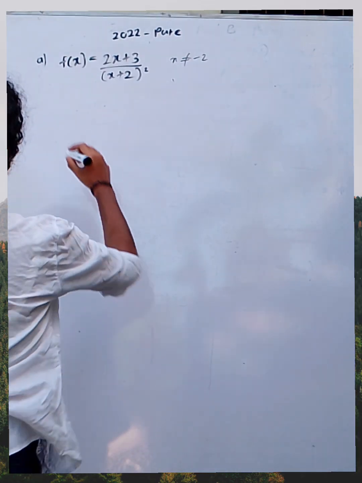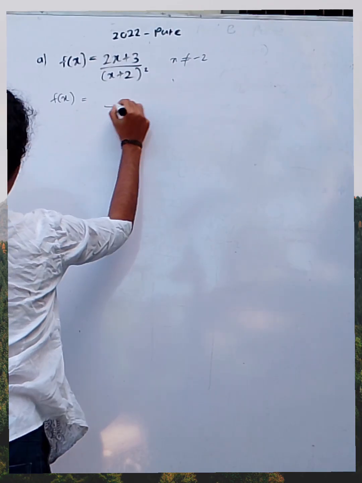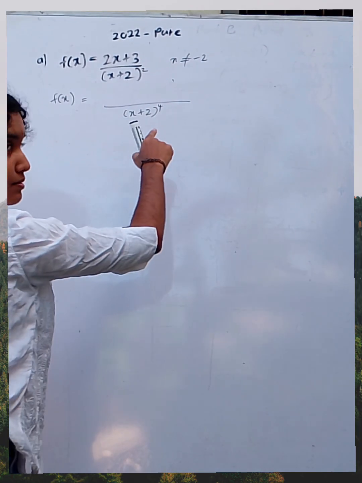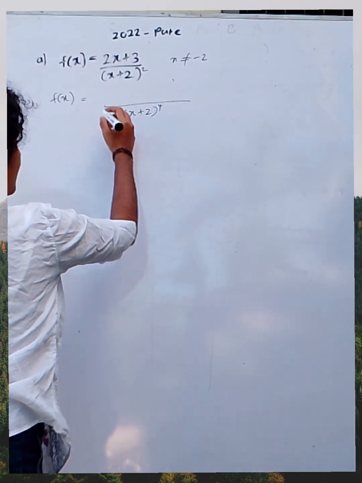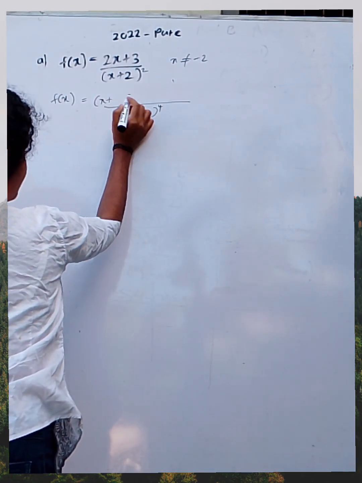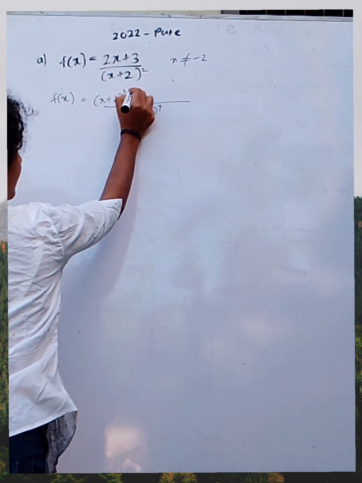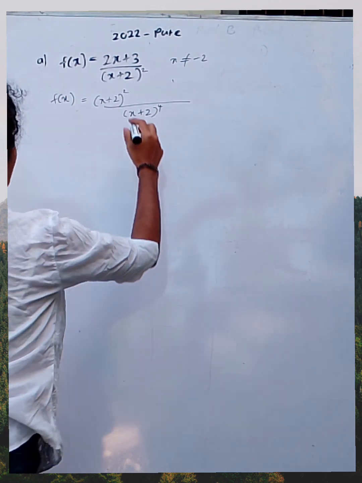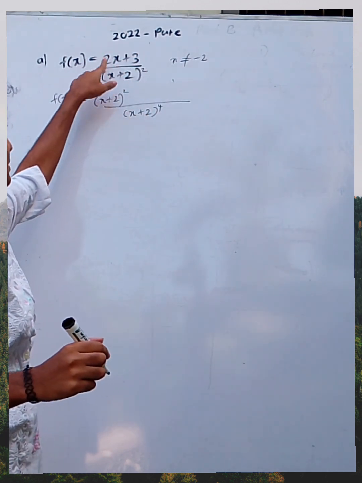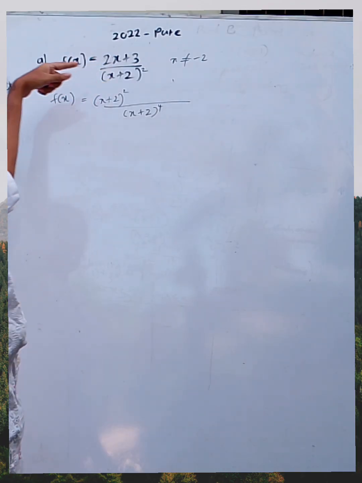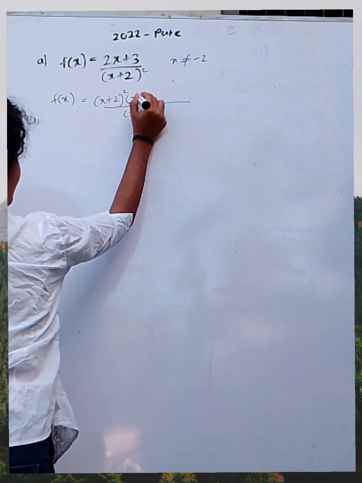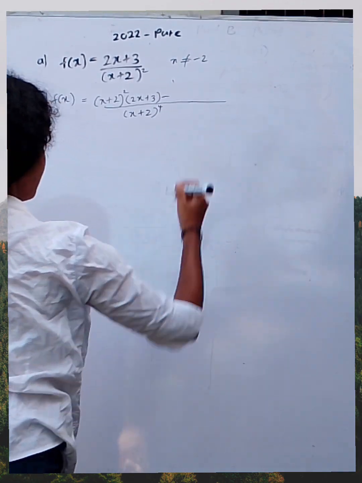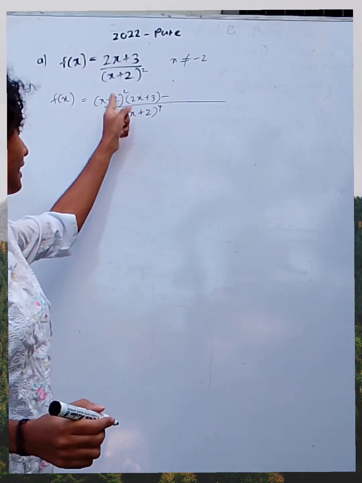So I'll differentiate this. f dash x equals (x plus 2) to the power 4. We have to double this power, that's power 4, and then in the numerator we have to bring the same power down, x plus 2 squared. The expression that's already here is 2x plus 3, and of course we have to keep it as it is, minus, and then differentiate afterwards.